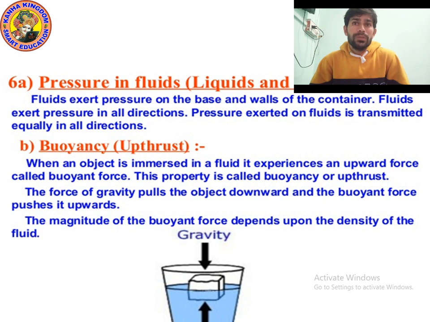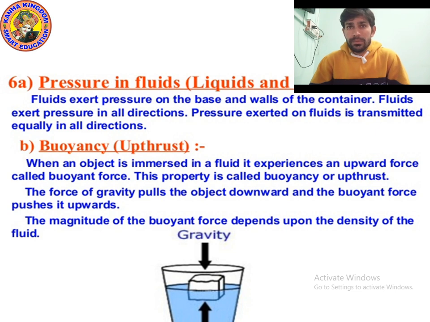The force with which a body is attracted by the earth depends upon the mass and acceleration due to gravity. So we can say F is equal to mg, and since the weight of the body is a force, we can write W is equal to mg.